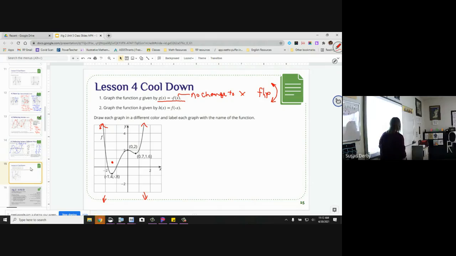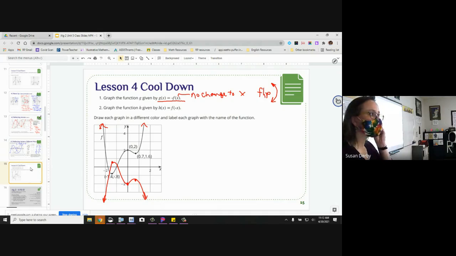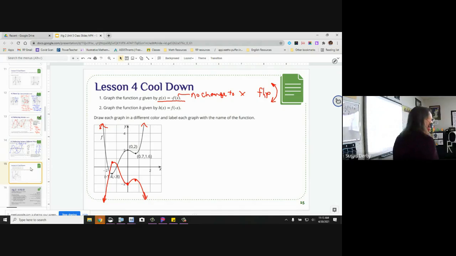Every point above the x-axis is now going below. Upside down, flip over going on, top to bottom.